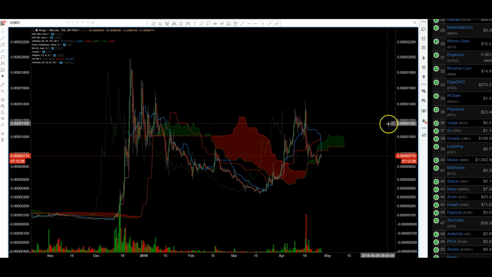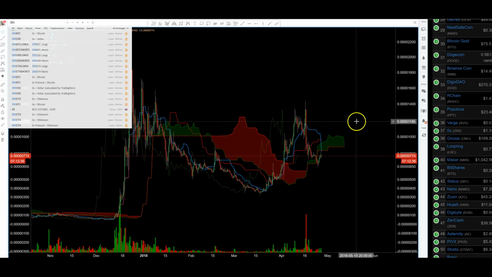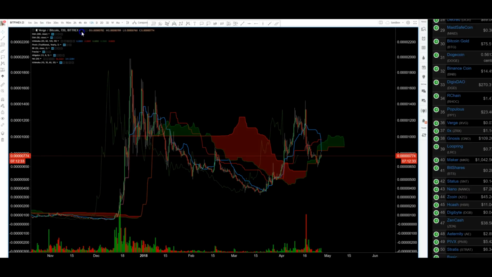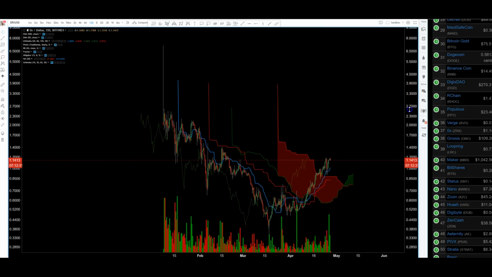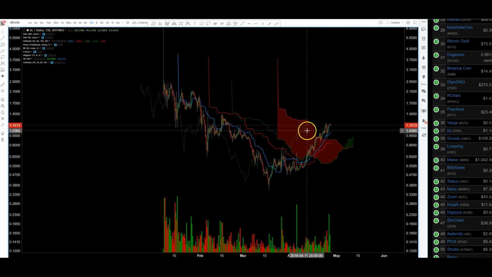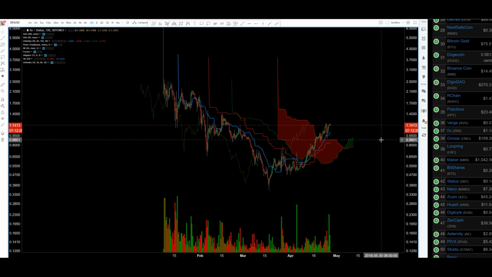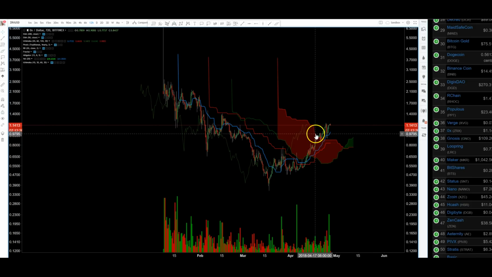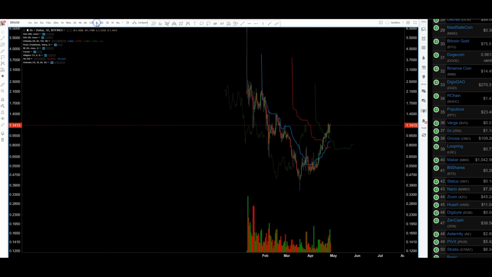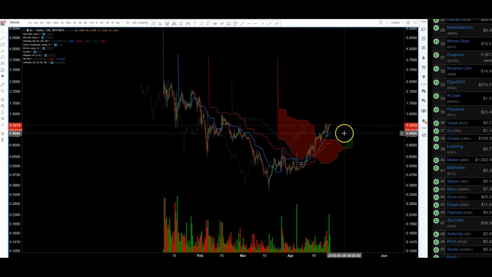Not for me. ZRX, again, I'm super biased. I hold this actively. I think it's going to go to $1 million. I don't really care what the chart looks like until it's listed on Coinbase. Daily, or 12 hour, looks good. Daily is not enough data for the cloud to see it, but everything's bullish, so trend says we're good.